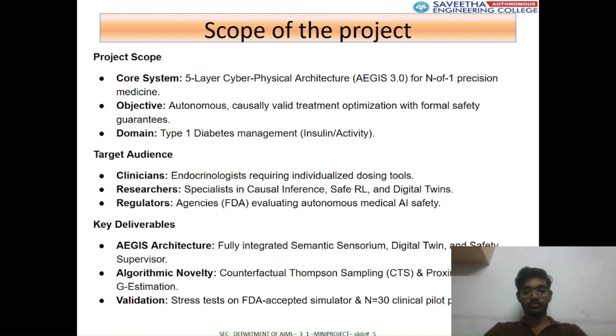The main target audience are endocrinologists requiring individualized dosing tools, because they are the main people who would use this system, and researchers in causal inference, safe RL, and digital twins. The deliverables we propose are our Aegis architecture along with algorithmic novelty and validation tests.